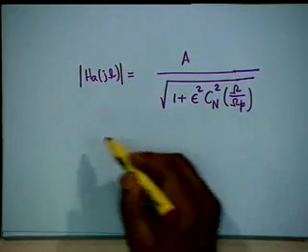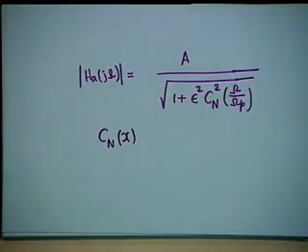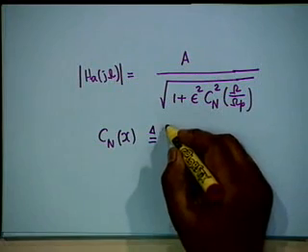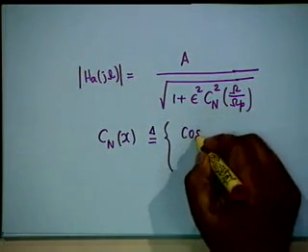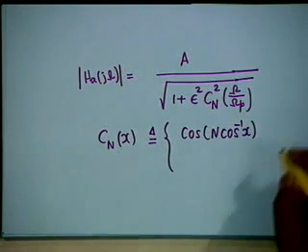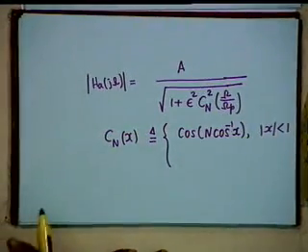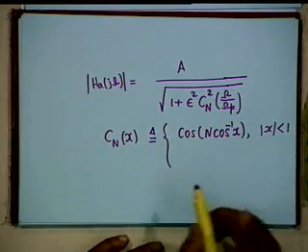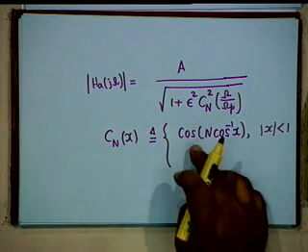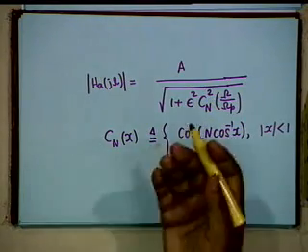Where C sub capital N of x, we call omega by omega p as x, is the Chebyshev polynomial, and is defined as cosine of n cosine inverse x for mod x less than 1, that is x between minus 1 and plus 1, and when x exceeds 1, cosine inverse loses its meaning, and therefore it is replaced by cosh, and this is the natural transition.